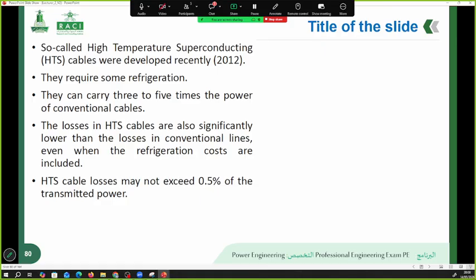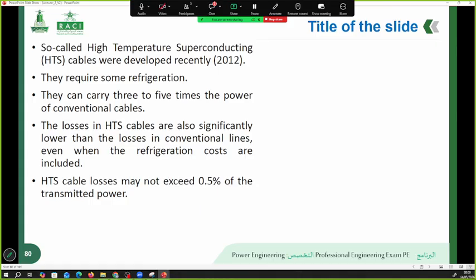These cables, which have been in development for some time with key milestones achieved around 2012, offer several compelling advantages over conventional copper or aluminum cables.